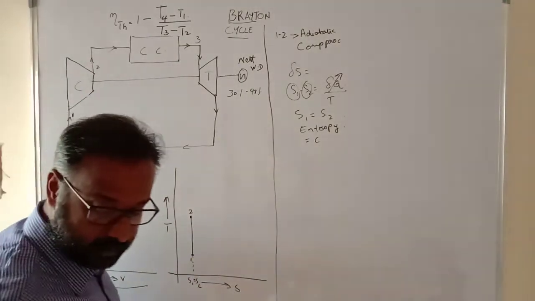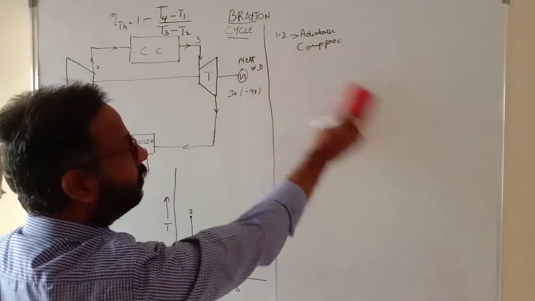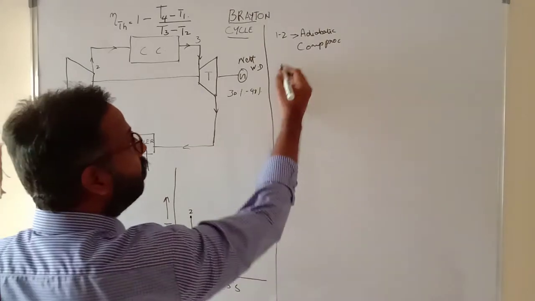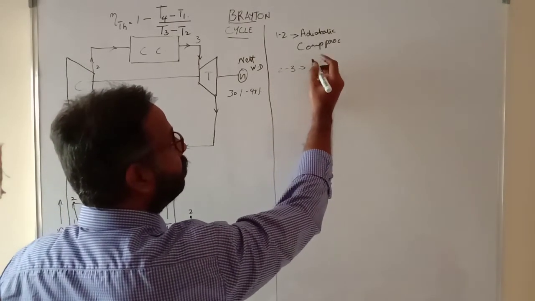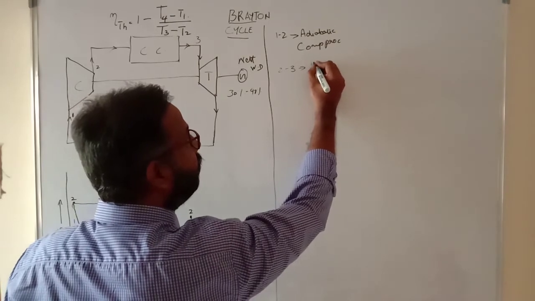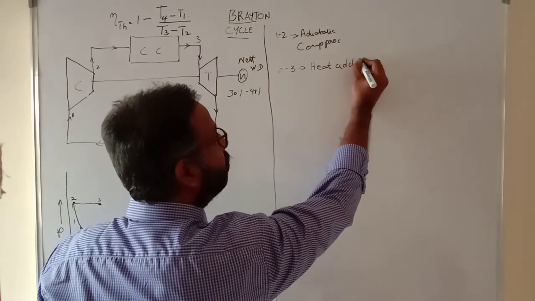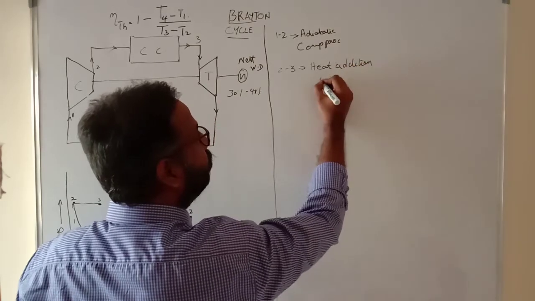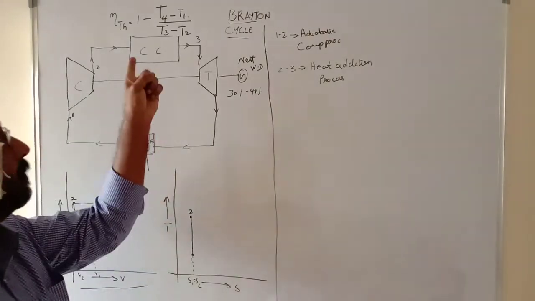So we can say that the 2 to 3 process is a heat addition process, which means heat is being added in this process. That means combustion takes place.